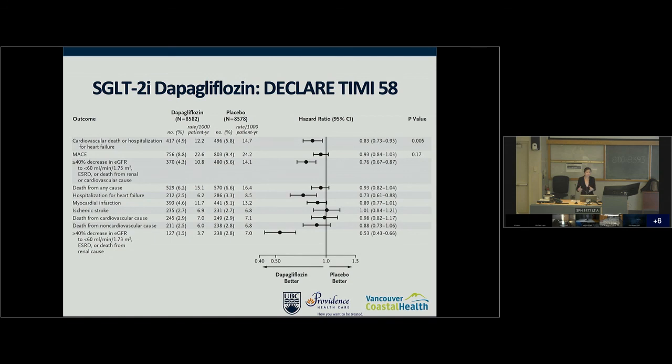And they were just diabetics with high risk for cardiovascular disease.